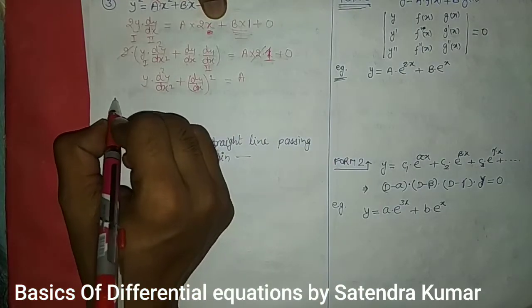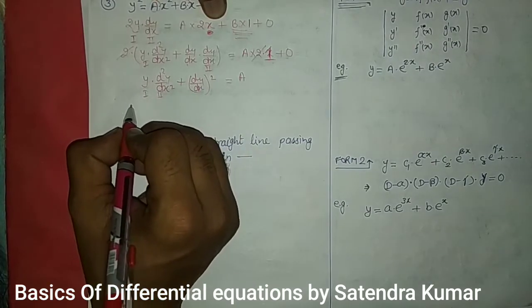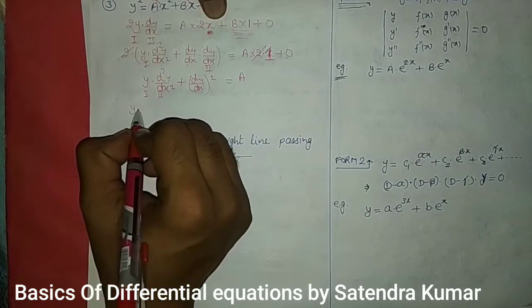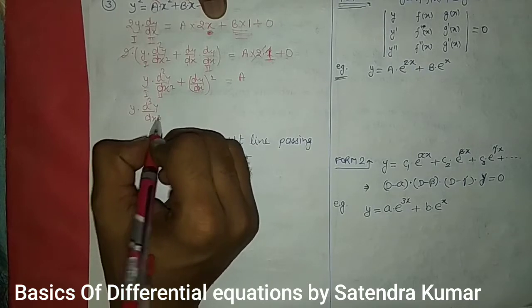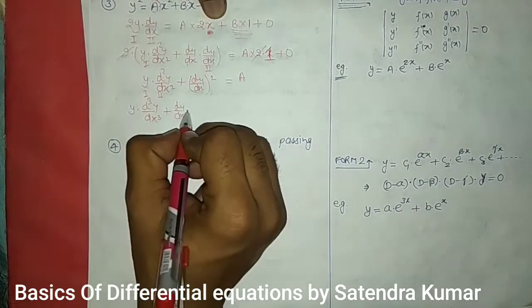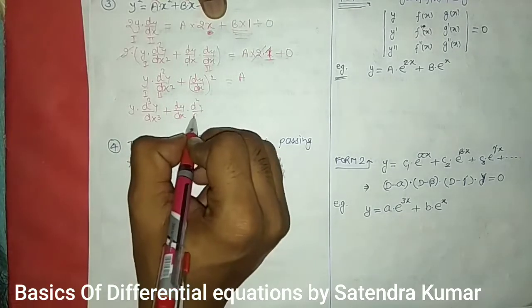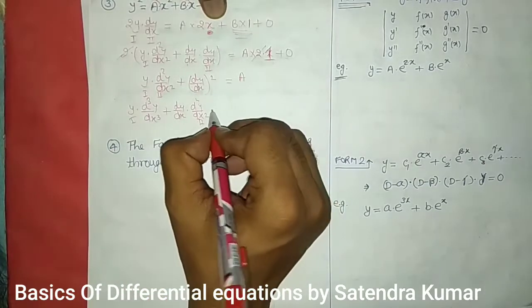And again finally, put here first and in second, so finally first and the differentiation of second will be d3y upon dx3, plus put here the differentiation of first and take second as it is.